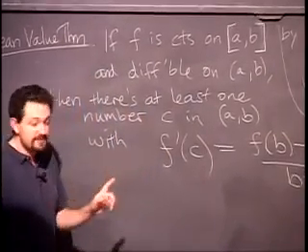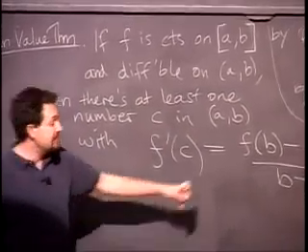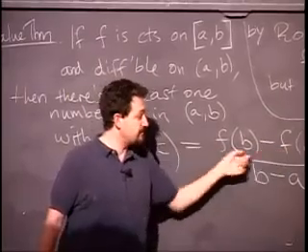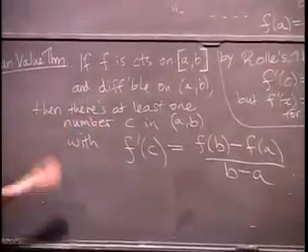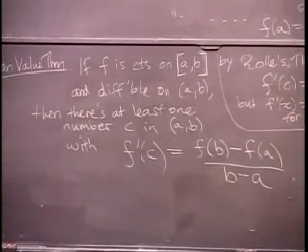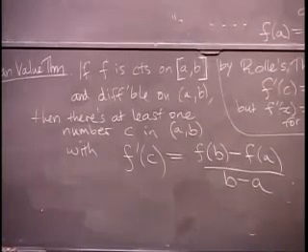Because if you happen to know this theorem, and f of A equals f of B, then this quantity is 0. If f of A equals f of B, the top cancels out, and you do get 0. So this theorem, mean value theorem, includes Rolle's theorem. It is a super-duper, souped-up Rolle's theorem.